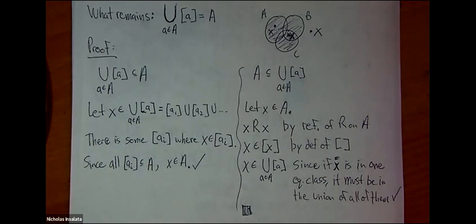Questions, comments? What do you guys think? So is the idea that eventually we'll use this idea of equivalence relations to talk about like a special set of relations? Like, what is the point of equivalence relations, I guess? Great question. That's exactly where we're going next.